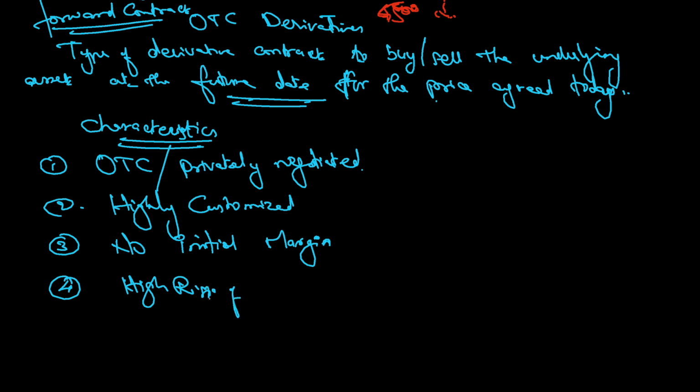What does this mean? Anybody can dishonor the contract if they suffer huge losses. Yeah, so these are some of the characteristics of a forward contract.